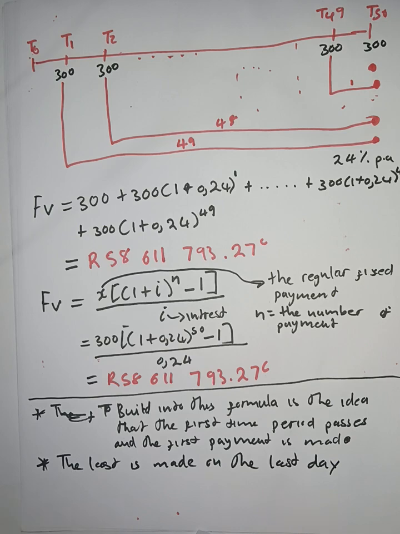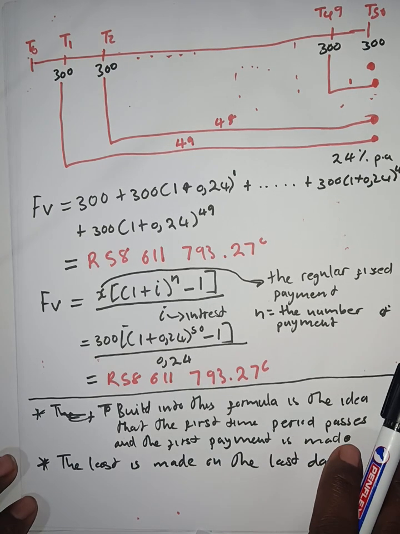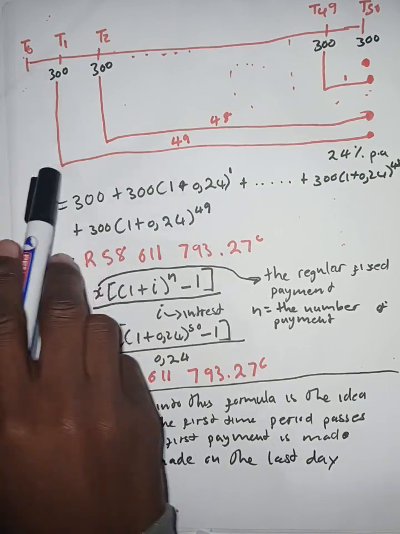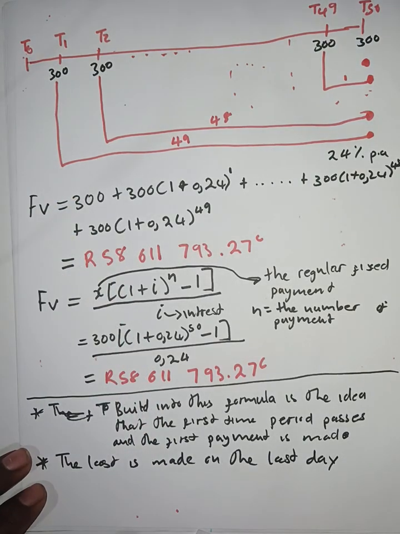But now some of you might be wondering, what happens if you decide to make an investment immediately at T0, or what happens if you were to miss a few payments at the end?